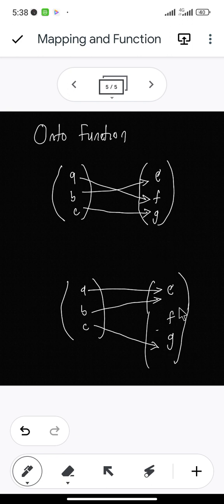Why? Because F in the codomain is not serving as an image to anything.